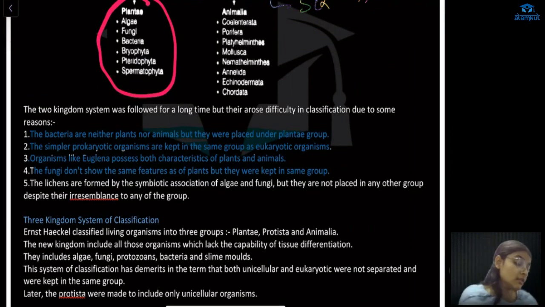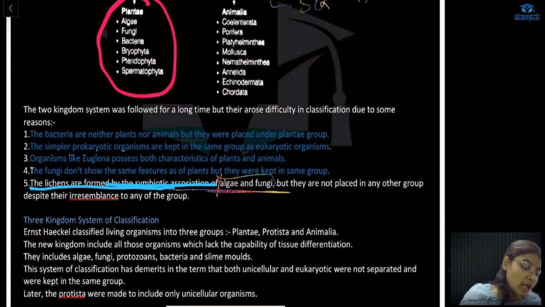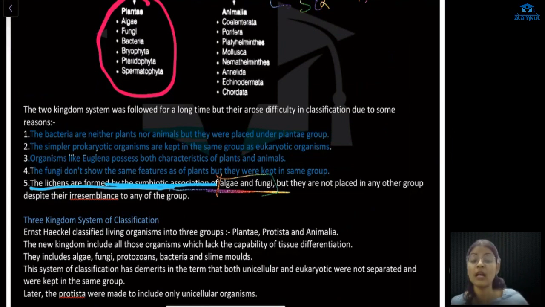Okay, and one famous example is lichens. Lichens are a symbiotic association of algae and fungi, and they have characteristics of both algae and fungi, meaning they have characteristics of plants as well as fungus. And they were not placed in any of the groups, irrespective of their importance. They were not placed in Plantae, nor in Animalia.